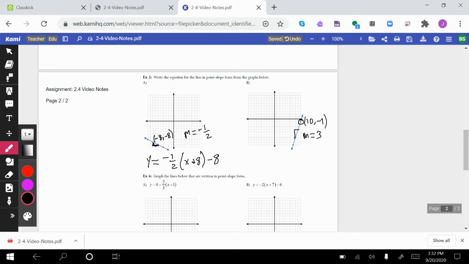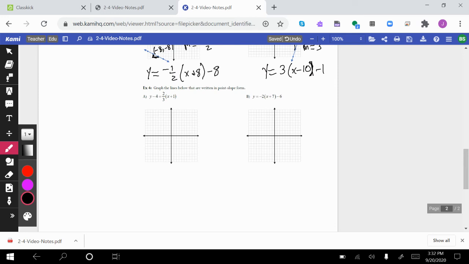Because it's -1 to the left, -3 down. So two negatives make it a positive. So it's +3. And again, our point is 10, -1. So we end up with y equals 3 times x minus 10 minus 1. Okay, so that 10 and that -1 come from our point, and that 3 comes from our slope.